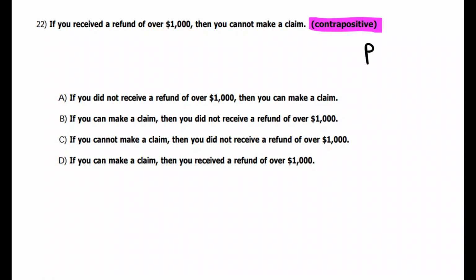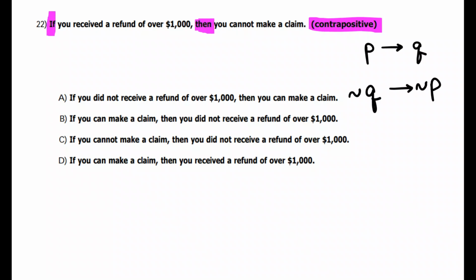Contrapositive. All right, so if the original one is if P, then Q, you're going to switch it and make it if Q, then P, but you're also going to negate them both. Oh boy.